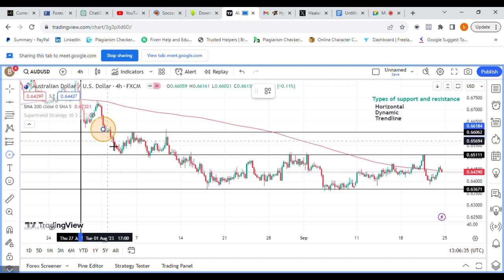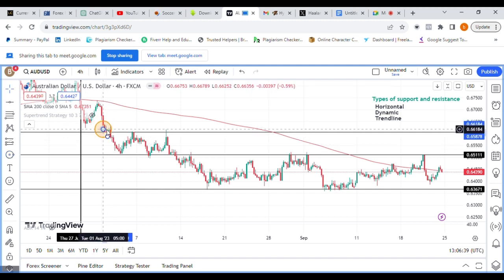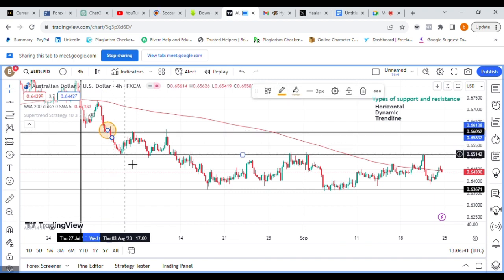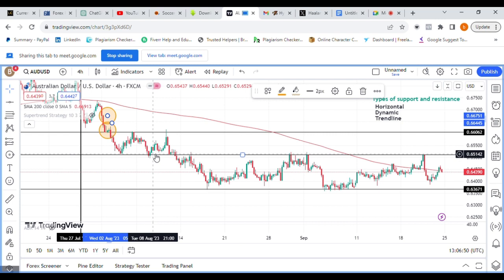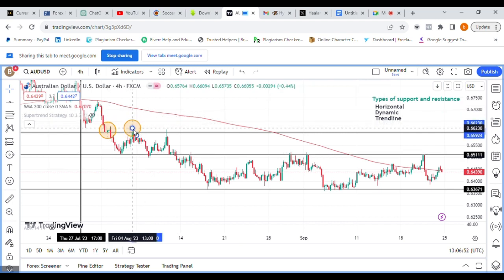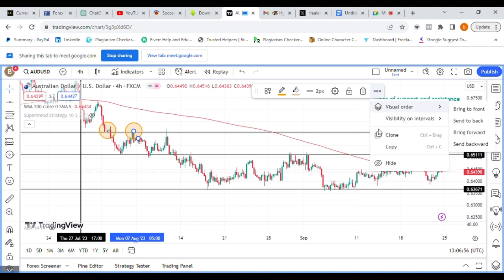This point here was point one. This was a support that was broken. There's another point here as well. So you can just go to this place, clone, just make more of it. This is another point, it's another point again.